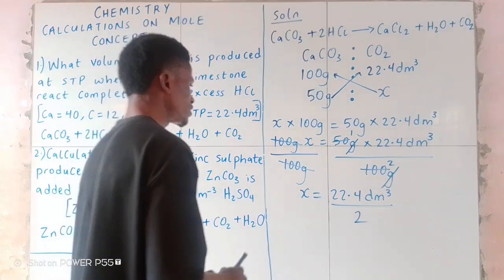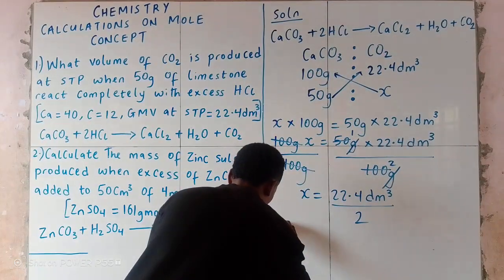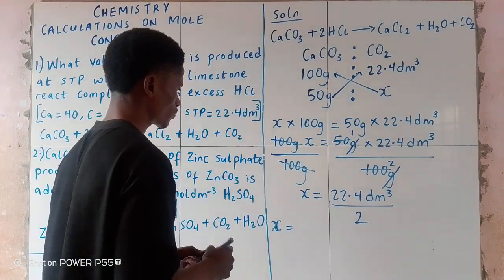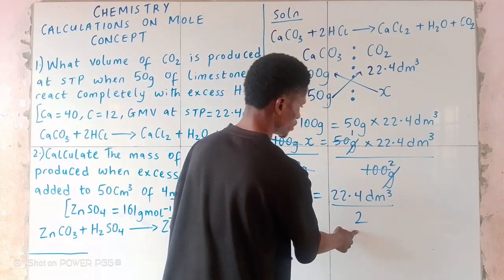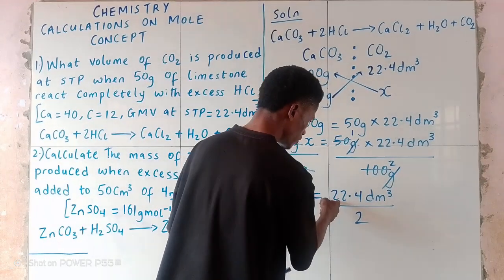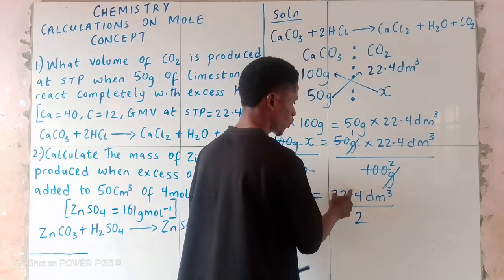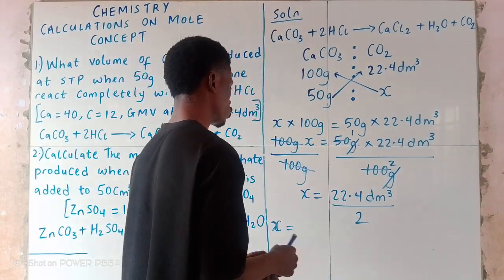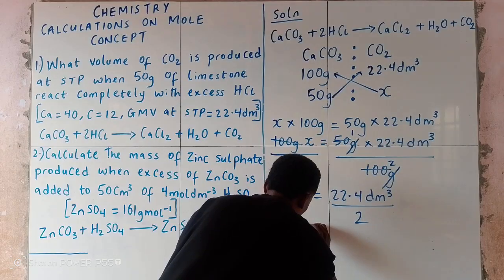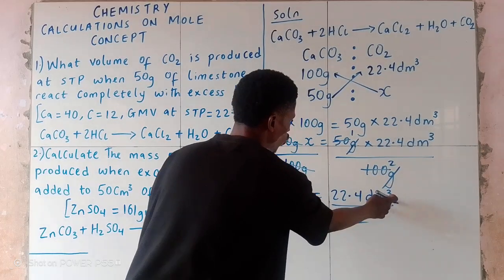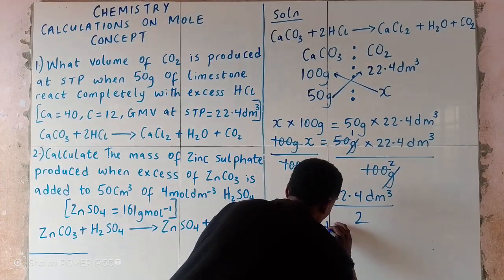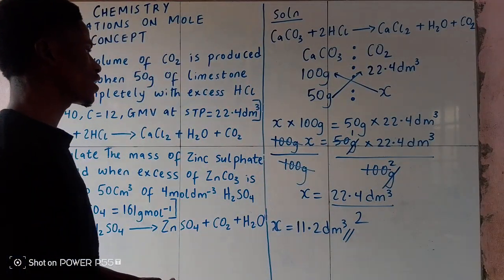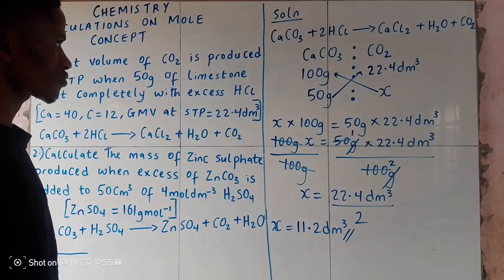So if I divide further, I'm going to get my x to be what? 22.4 divided by 2. I'm going to get 11.2. So I'm going to get 11.2 dm³ as my final answer.